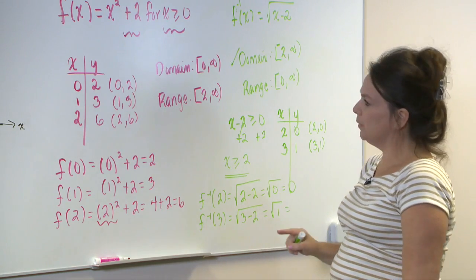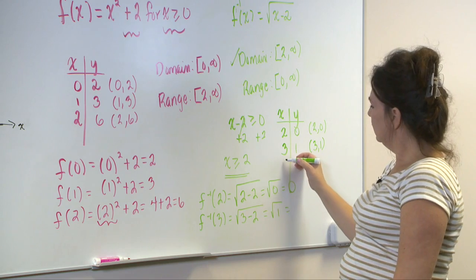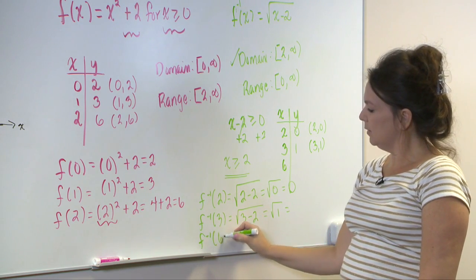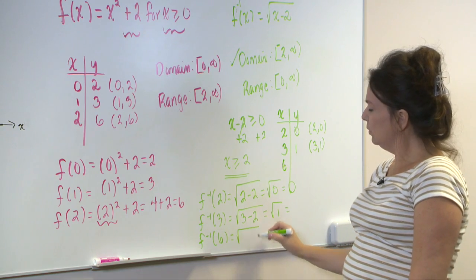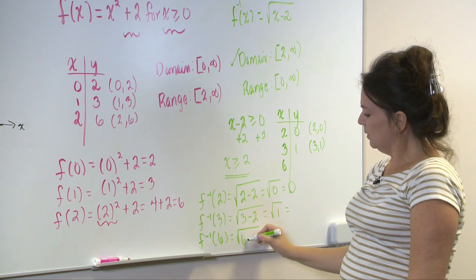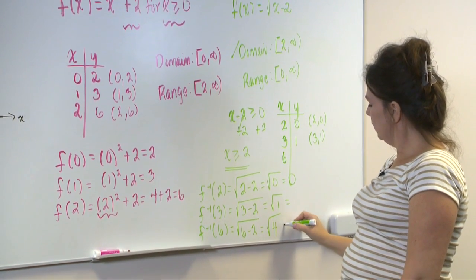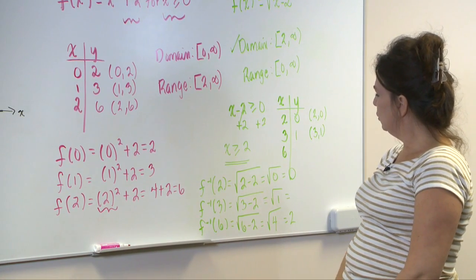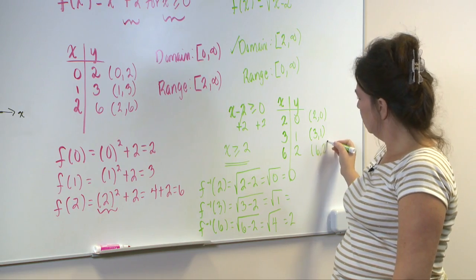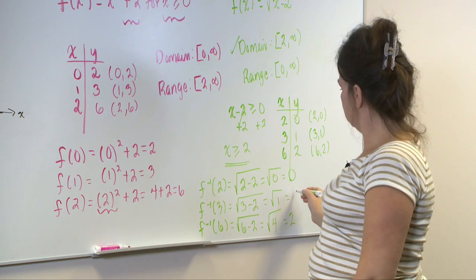I'm going to do one more point. I'm going to plug in the value of 6. f inverse of 6 is equal to the square root of 6 minus 2, which is the square root of 4, which is 2. And so we have the ordered pair 6, 2. Here we had the ordered pair 2, 6.